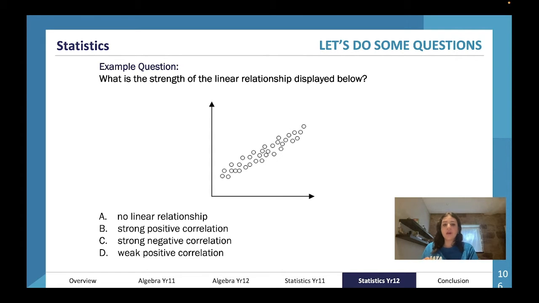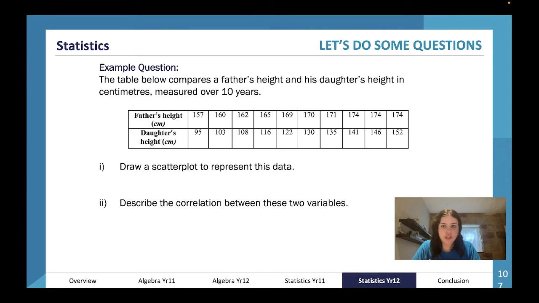Okay, first thing you want to look at: is it strong, weak, or no correlation? I'm going to say it's strong because the dots are all very much close together. Is it positive or negative? It's positive because the correlation is headed from the bottom left to the top right. So it's a strong positive correlation.